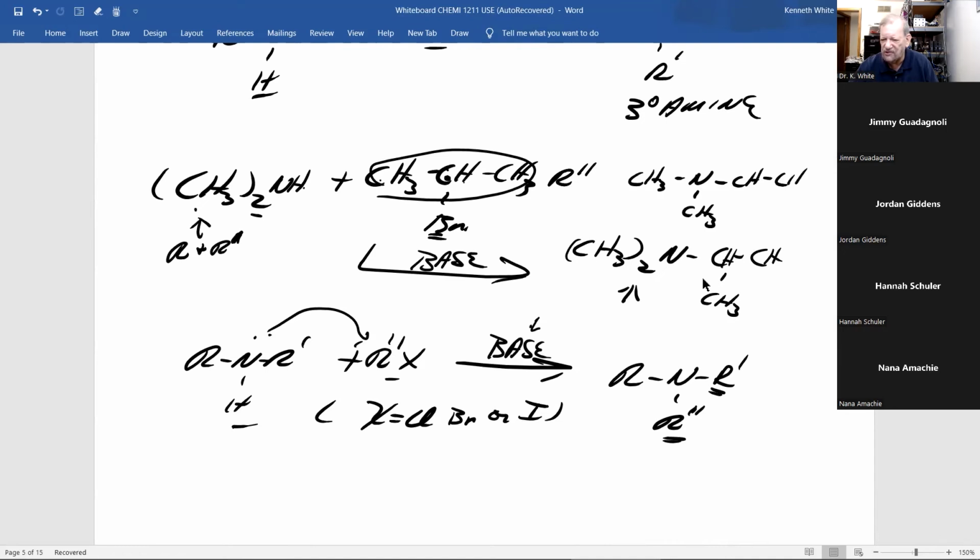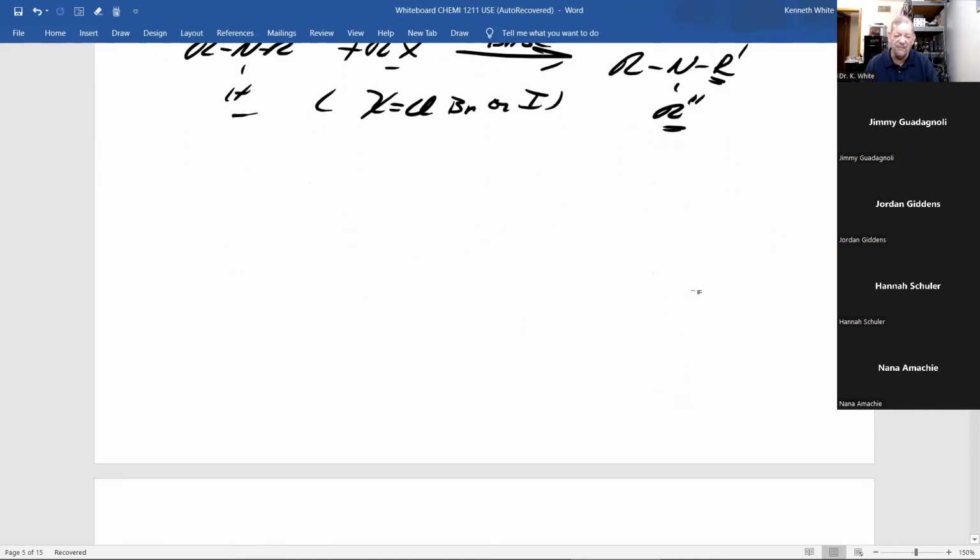It doesn't matter which is which. And these are the same molecule, dimethyl isopropylamine, which means I better give you a chance to do something.